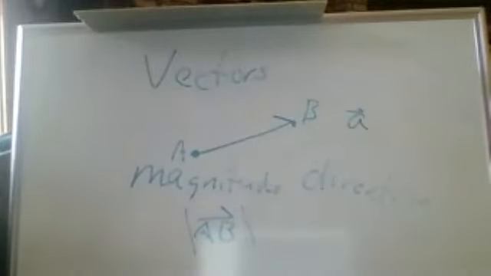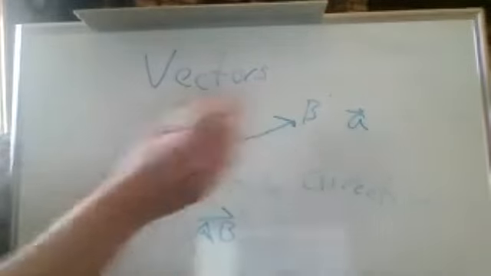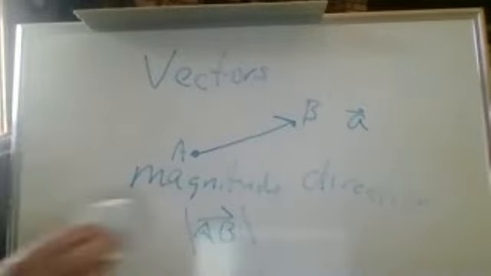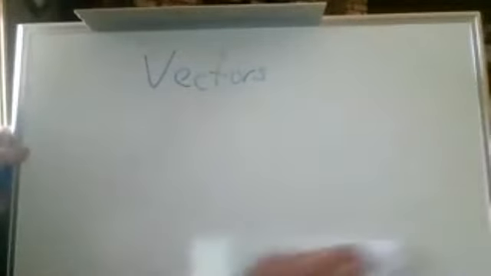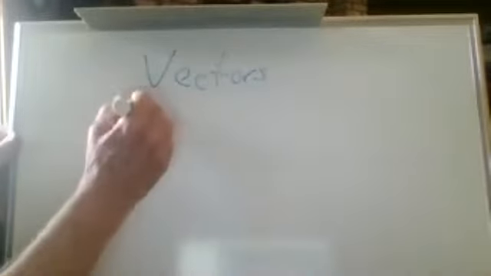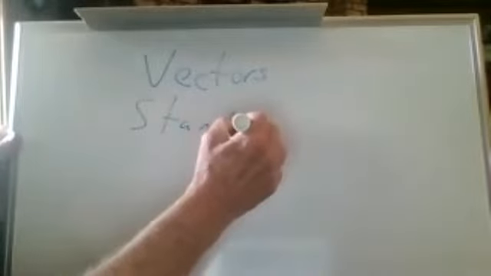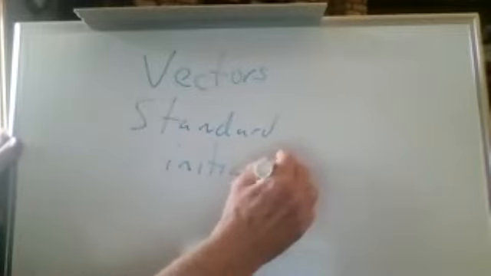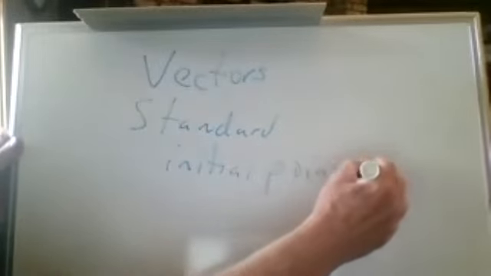But if we're using a coordinate system, then we use the points: point A is the initial point, and point B is the terminal point. A vector can be in standard position. Standard position means that the initial point of the vector is at the origin.